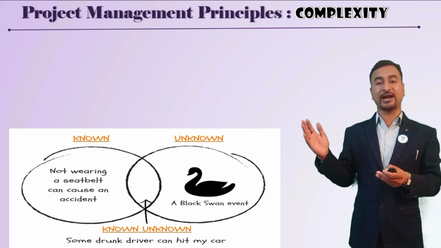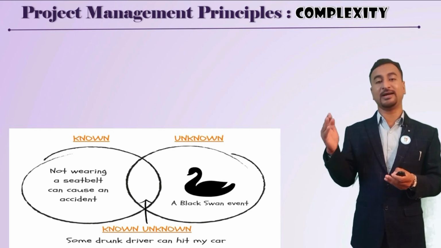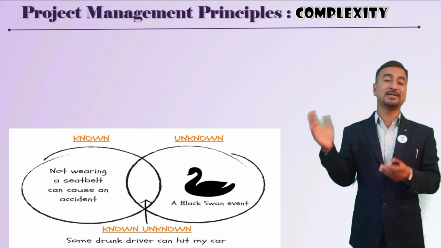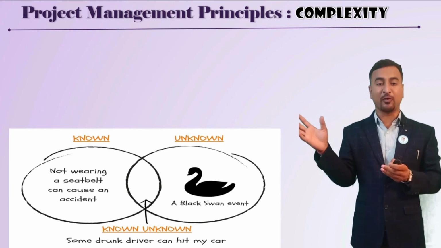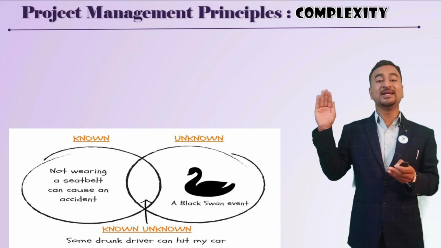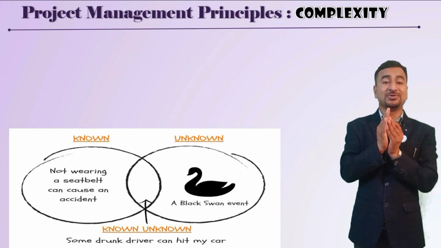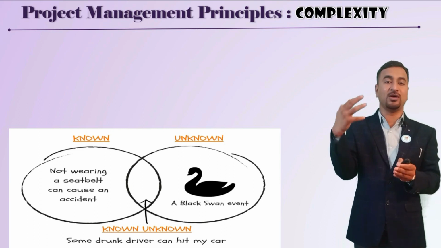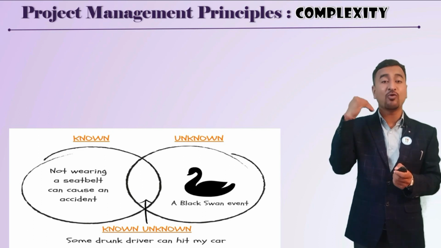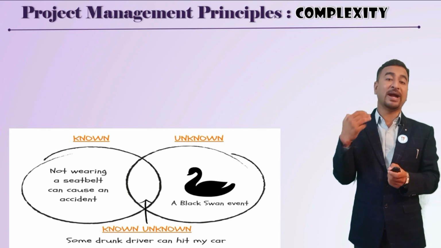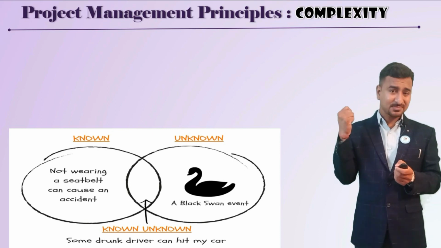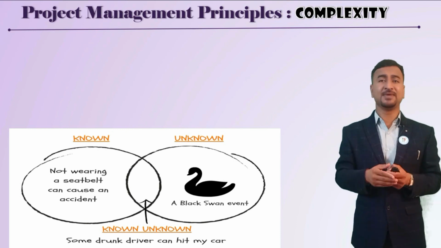If you drive drunk, you can hit a car, but when you will hit it you don't know, though there is a high probability. Then there is the unknown unknown, the black swan event, which is beyond your knowledge domain. You cannot even predict that such things might happen, like the COVID impact.